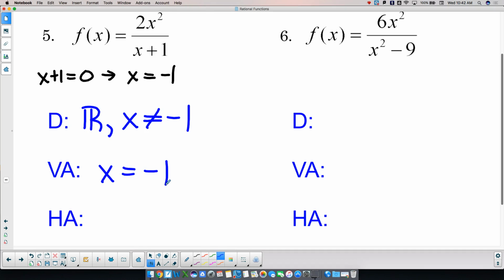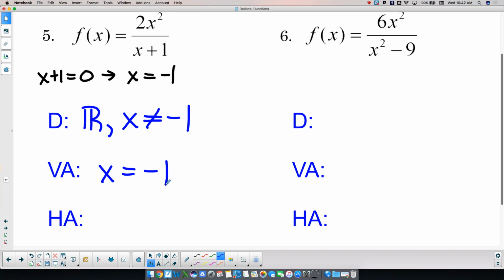That's step number 1. Step number 2 now says we need to find the horizontal asymptote. So I look at the degree of the top. What's the degree of the numerator? 2. Biggest exponent is 2. What's the degree of the denominator? 1. Okay? So is top bigger, is top smaller, or are they the same?